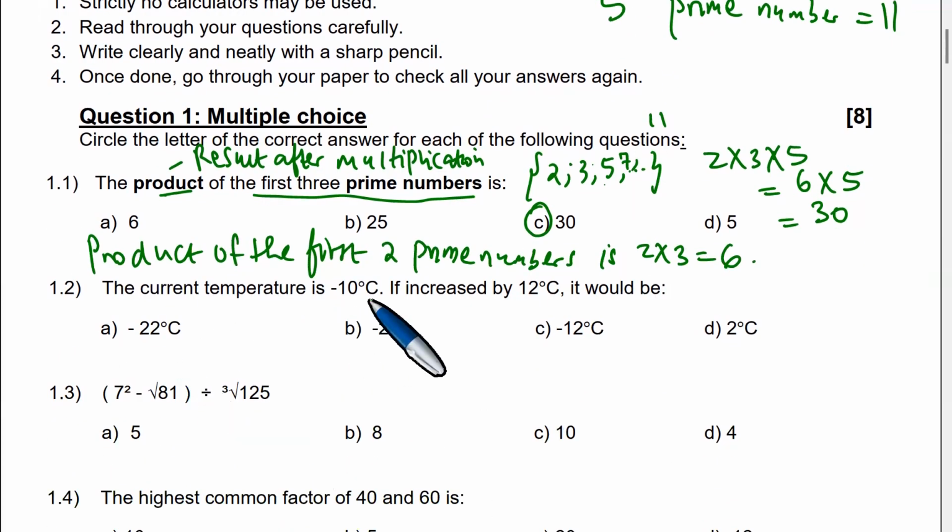The current temperature is minus 10 degrees Celsius. If increased by 12, it would be what? What do you think? So, negative 22. How do you increase the temperature by 12?